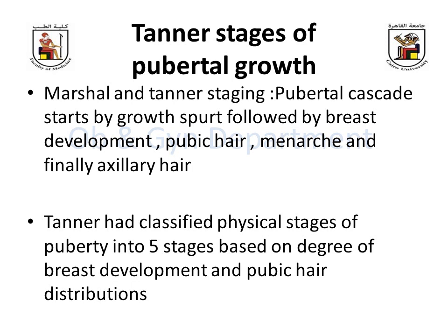This cascade is usually observed by the parents, the environment, and the community. These stages help us classify the physical changes of puberty into 5 stages based on degree of breast development and pubic hair.